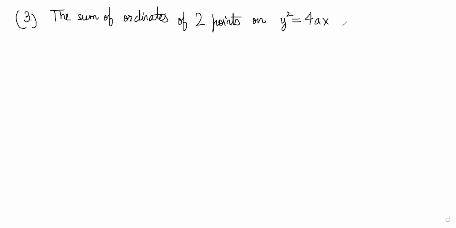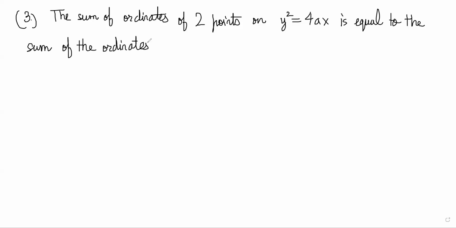The sum of ordinates of 2 points on y² = 4ax is equal to the sum of the ordinates of two other points on the same curve.